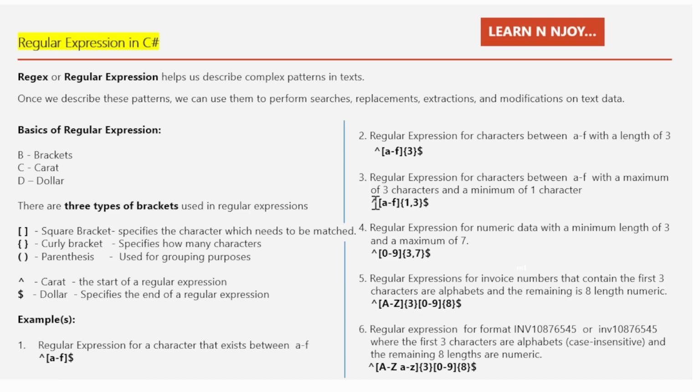It will be the caret sign, opening and closing square bracket, in between I need to write A hyphen F, and then we need to write the curly bracket. In the curly bracket we need to start with the minimum character length, which is nothing but 1 over here, and then the maximum character length, which is nothing but 3 over here. So 1 comma 3, and then at the end we need to write the dollar sign. So our regular expression is ready.